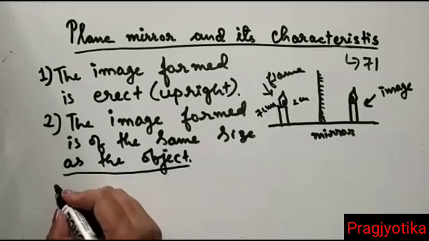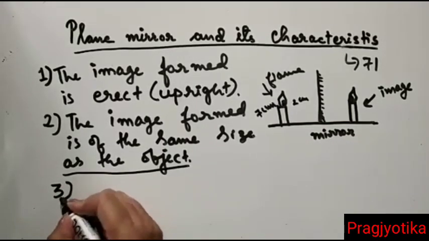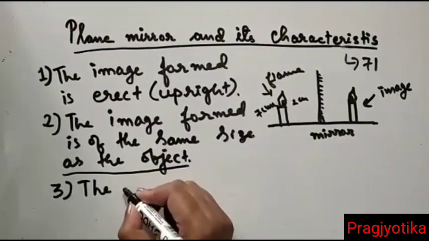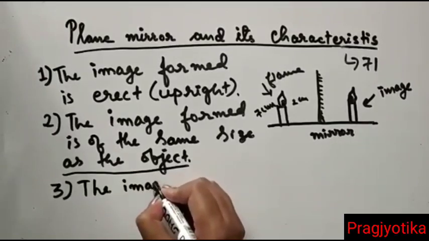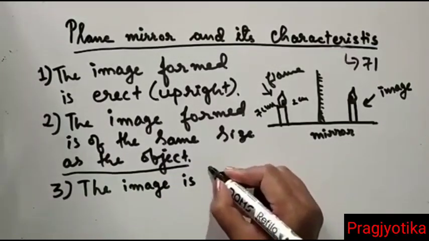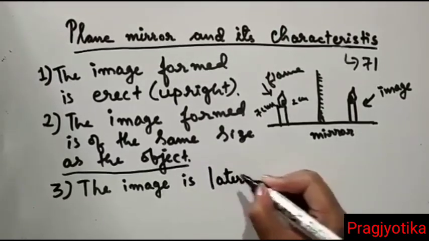Now the third characteristic is the image is laterally inverted.